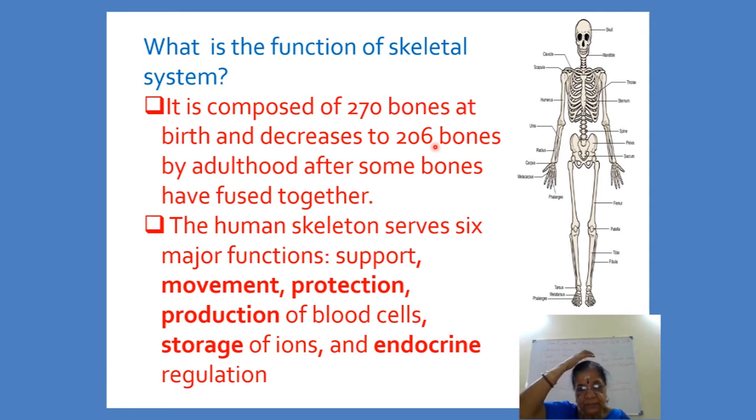Brain is protected by the cranium or the brain box or the skull, and heart and lungs are protected by the rib cage. There are 12 pairs of ribs. They are protecting the internal organs, heart and lungs.